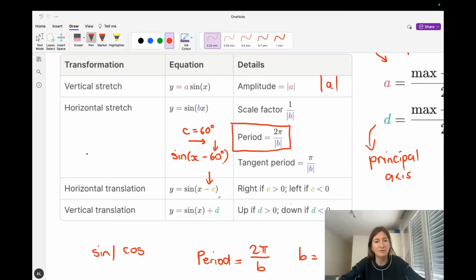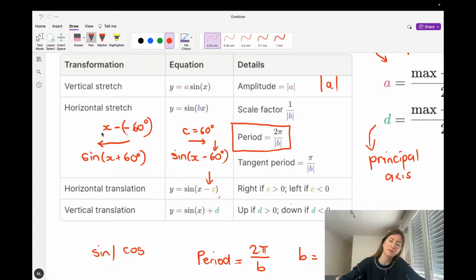Just like if you have sine of x plus 60, this is actually going to be a shift to the left, because what we're saying there is x is minus 60 degrees, since in the formula it's minus, so simplified that is plus.